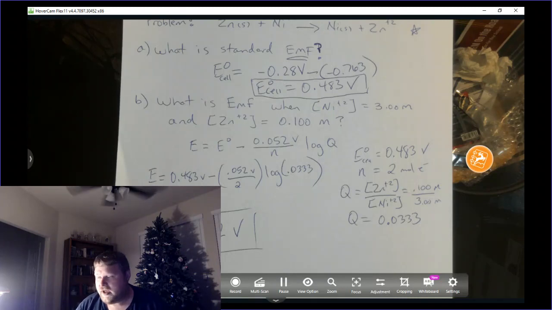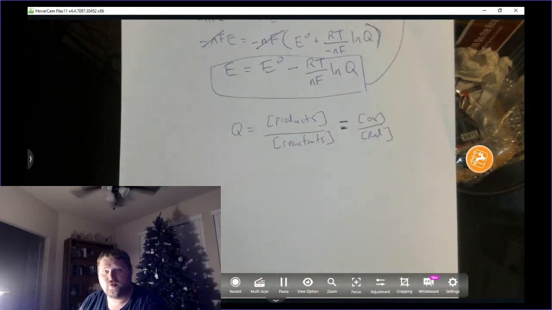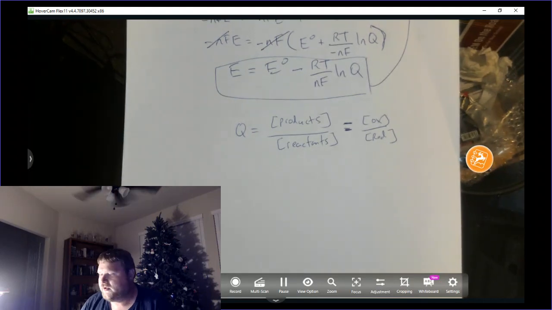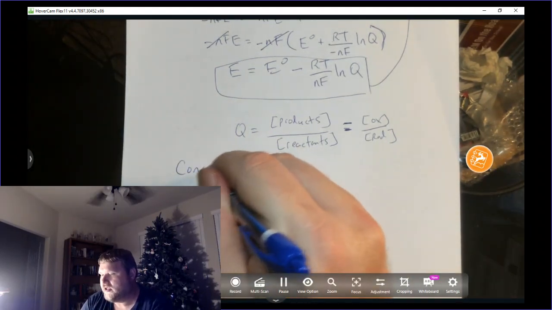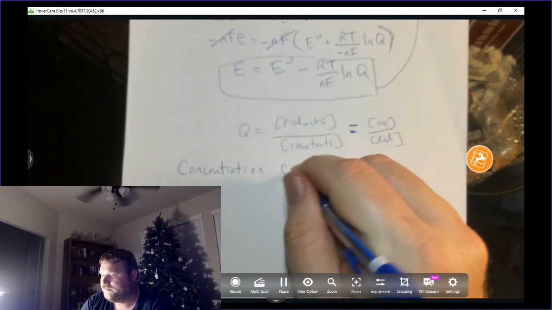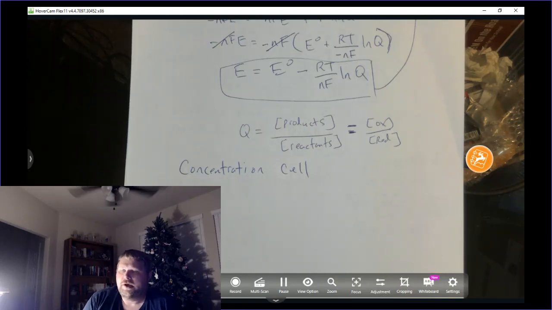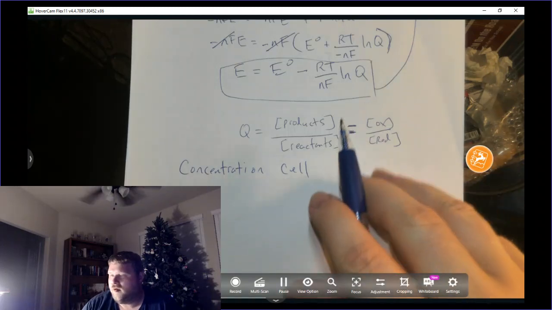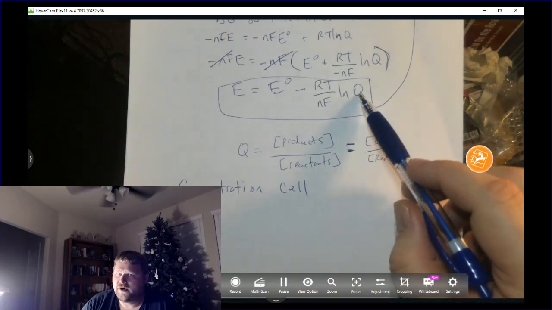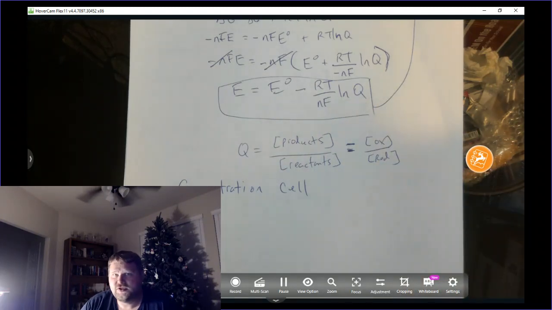Which brings me to my last point for this video. We can actually apply this concept to something called a concentration cell. So we've been talking about concentrations. We know if the concentration of both of the electrode compartments is the same, then this Q term goes to natural log of 1, which is just 0.